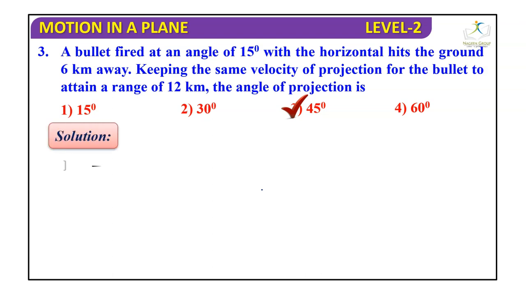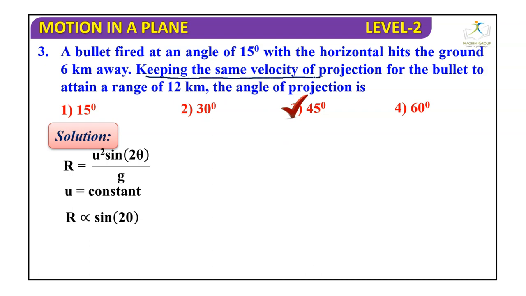Now let's move to the solution part. The value of the range we know is u square sine 2 theta by g. Here u is a constant, so R is directly proportional to sine 2 theta, keeping the velocity the same.